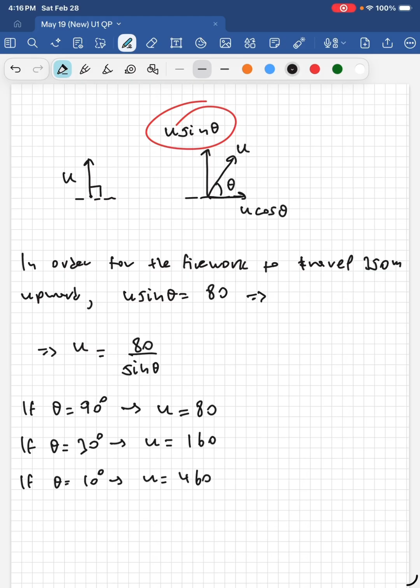So the smaller the angle between the initial velocity and the horizontal, the larger that initial velocity should be in order for the firework to make it all the way to 350 meters up, right? And if theta is 0, then u is infinity, which is okay. It's just for fun, you don't need this part.